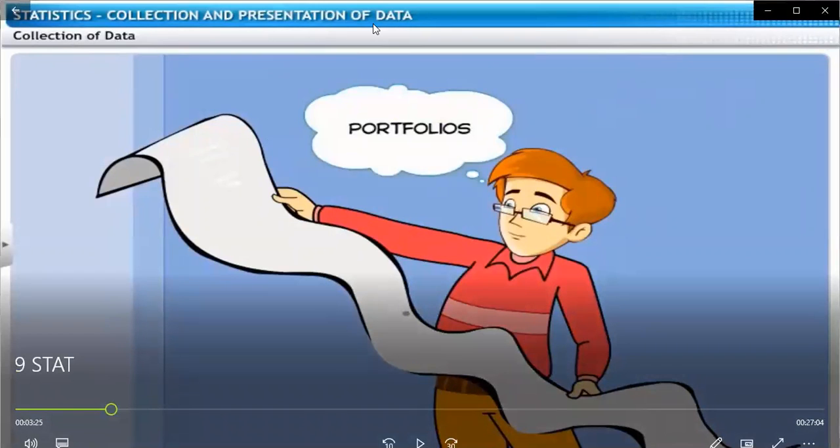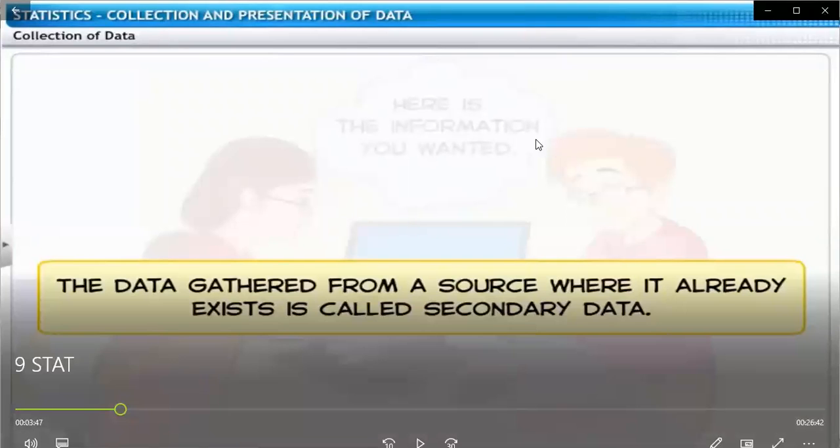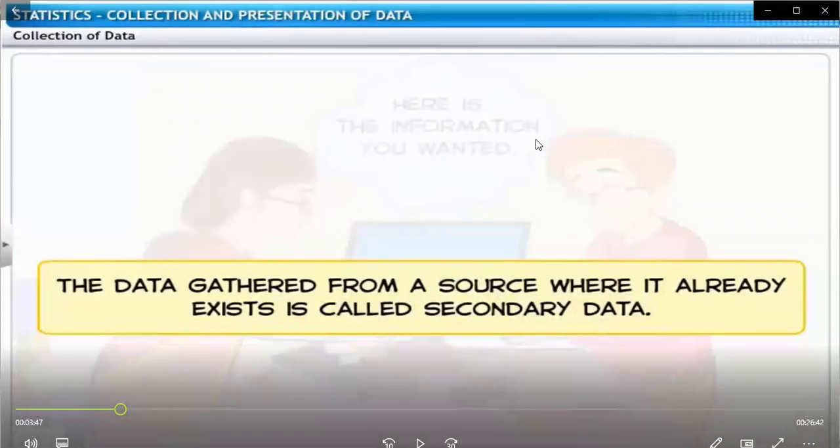Then we can move to the secondary data. Secondary data is nothing but the data gathered from a source where it already exists. For example, the number of students who appeared in an examination, obtained from newspapers. Similarly, the number of female teachers or male teachers in all the schools in a state or country, obtained from the educational department.